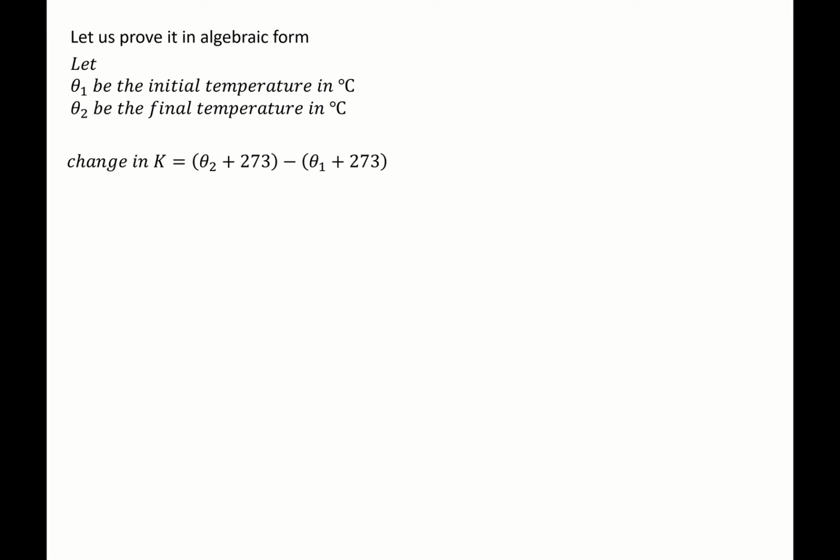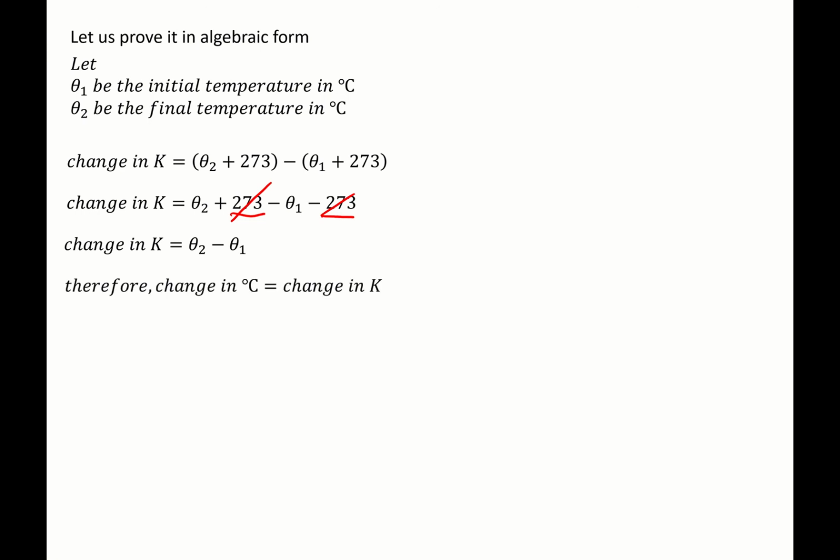And when we remove the bracket, this is what it looks like. So it becomes minus theta 1 minus 273. And this plus 273 minus 273 kind of cancel itself out. And the change has become theta 2 minus theta 1. So therefore, change in degree Celsius equals change in Kelvin.